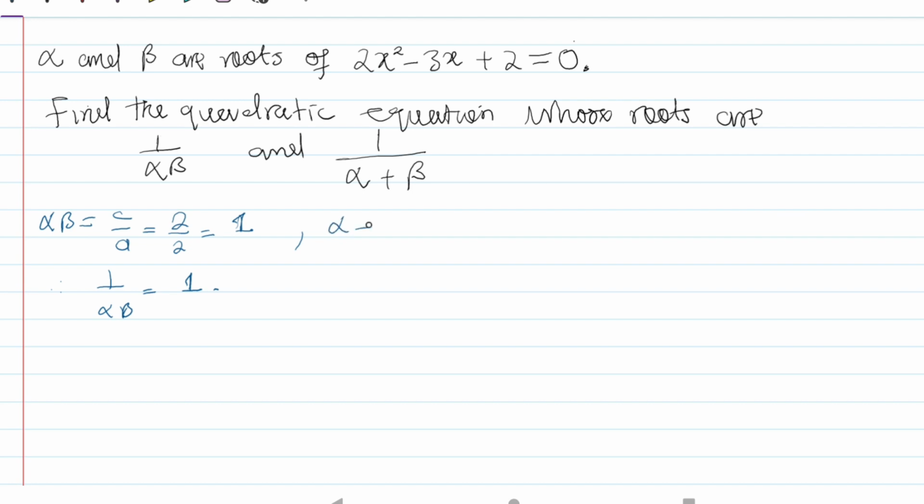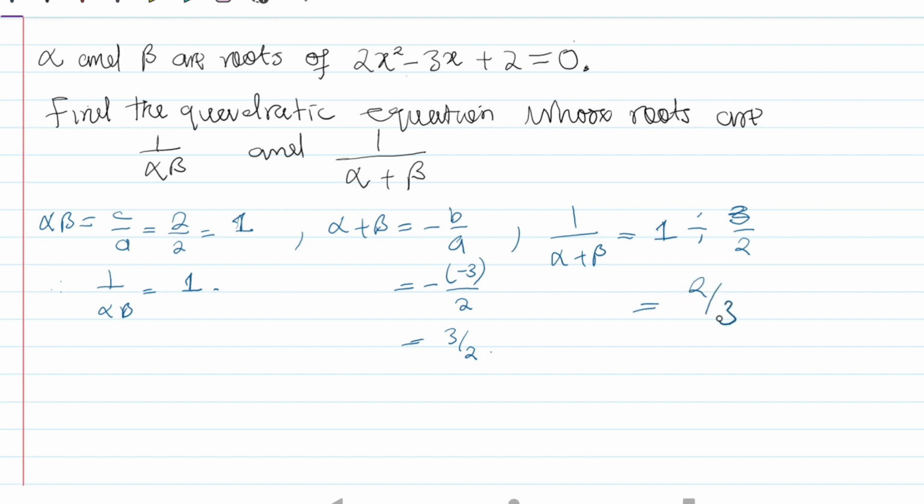Next, we want alpha plus beta, which is negative b over a. And this is negative 3 over 2, and this is equal to negative 3 over 2. Now we are looking for 1 over alpha plus beta, which is just 1 divided by negative 3 over 2, and this is just negative 2 over 3.